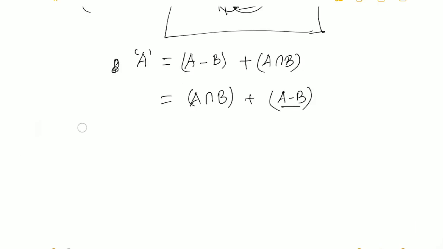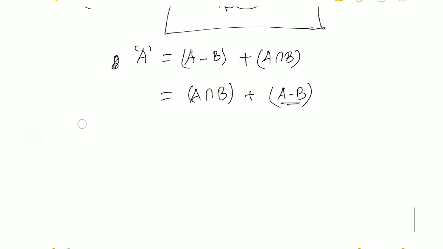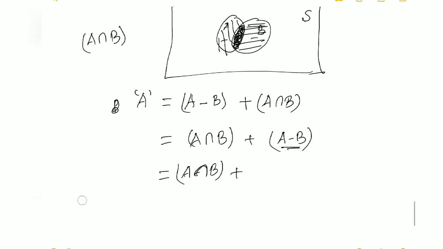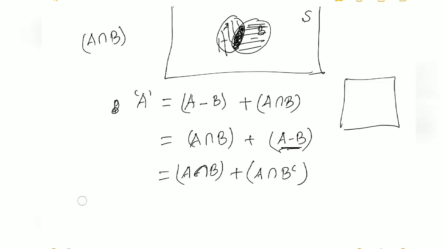Now how can you interpret this subtraction operation using sets? This is not possible directly, so for denoting this term, we use another meaning. Suppose we have A minus B, then we can write A intersection B complement. Suppose there is another Venn diagram with A and B. A minus B is the shaded area.